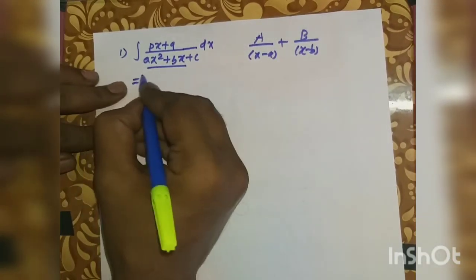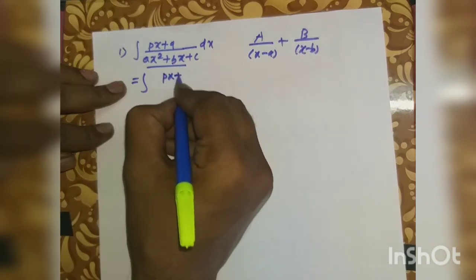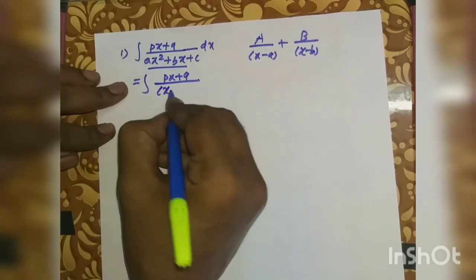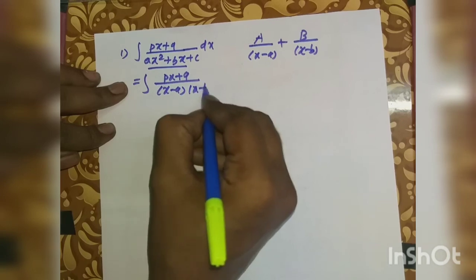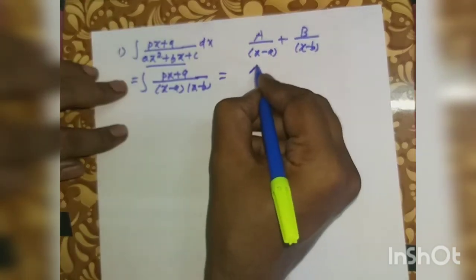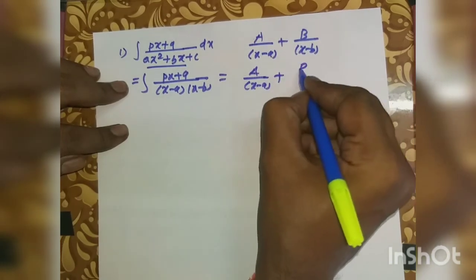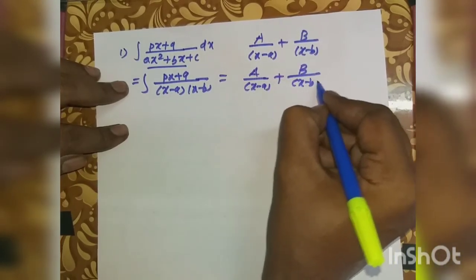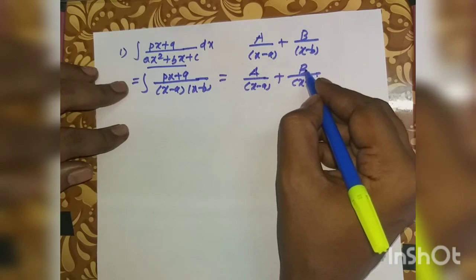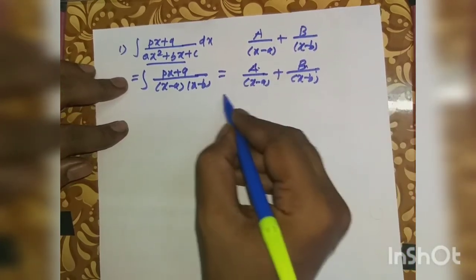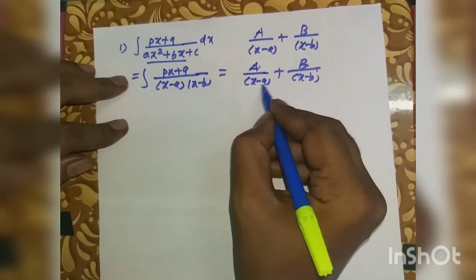Here the integration of px plus q divided by the two factors x minus a, x minus b, we write a divided by x minus a plus b divided by x minus b. We find a and b, then we take integration.